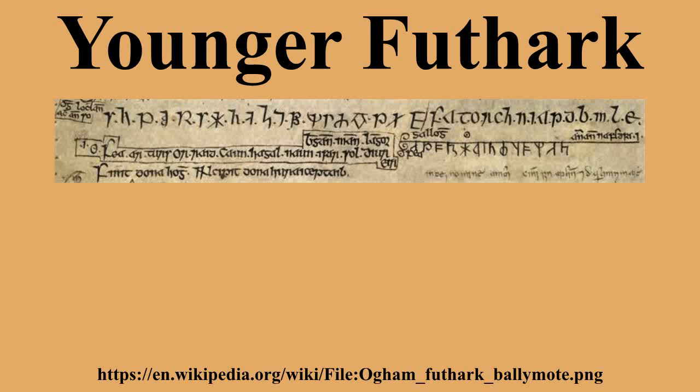The main change was that the difference between voiced and unvoiced consonants was no longer expressed in writing. Other changes are the consequence of sound changes that separate Old Norse from Proto-Norse and Common Germanic. The first aett was reduced to its first 6 letters, Futhark, losing the G and W runes. The second aett lost the A and P runes.